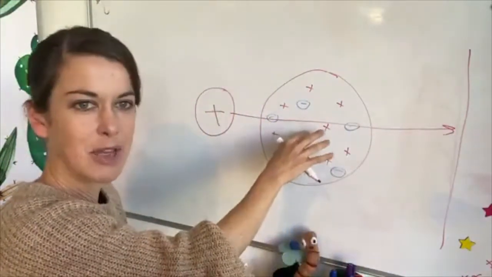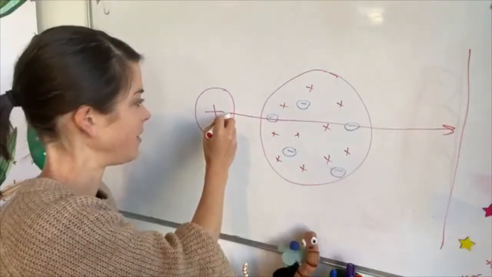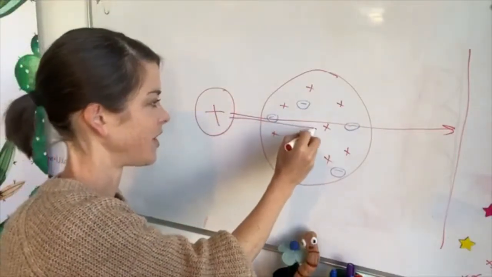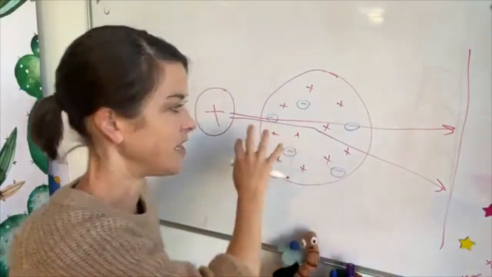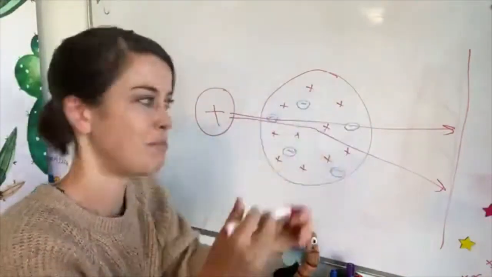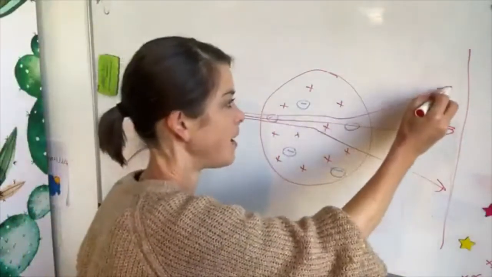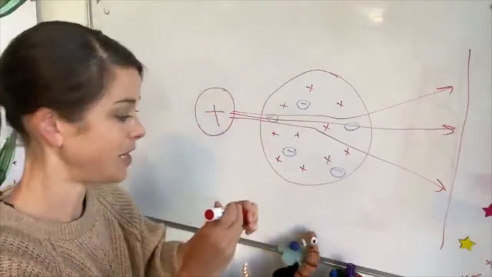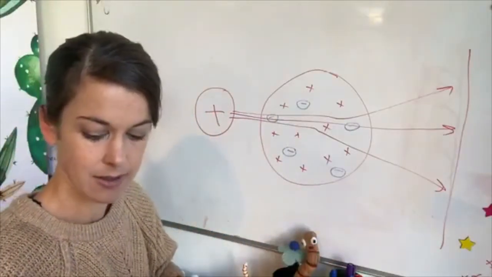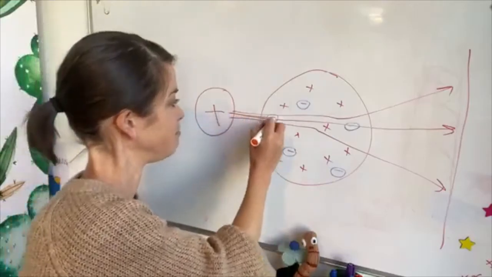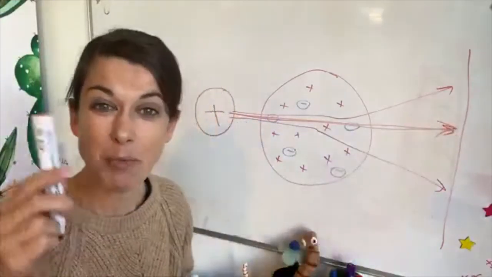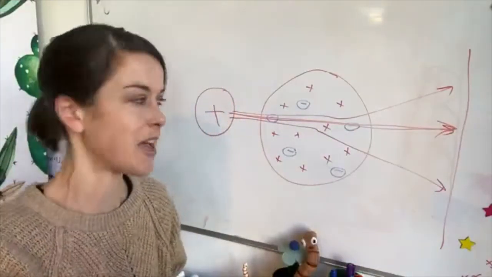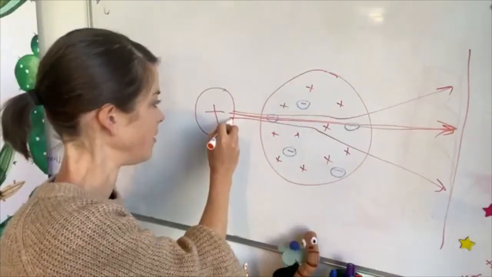And maybe because there's a bit of positivity here, maybe some of the alpha particles would be deflected a little bit. They'd interact with some of the positivity and they'd get a bit bent. This is what he thought would happen. And this is mainly what happened. Mainly what happened is that the particles just bashed straight through to the other side. But occasionally, just very occasionally, this would happen.